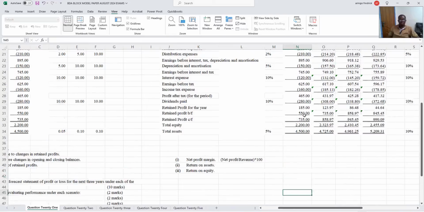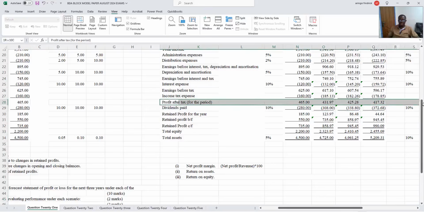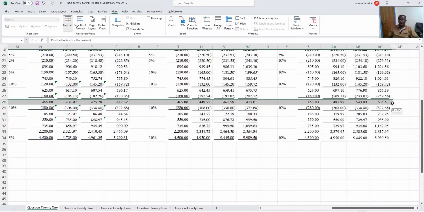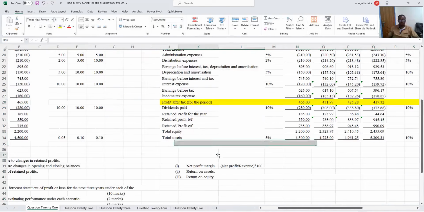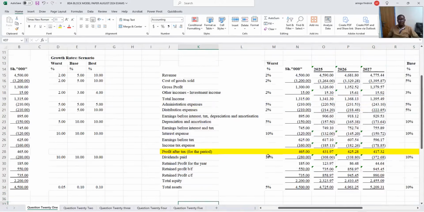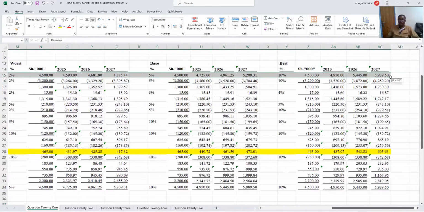So it will be important for us to identify our net profits. Our net profit is the profit after tax. So in this case, this will be our net profit. Our revenue, we had our revenue at this point for all the scenarios.